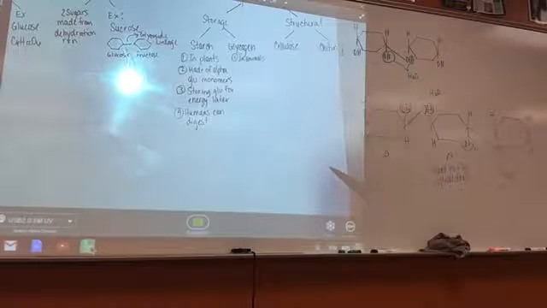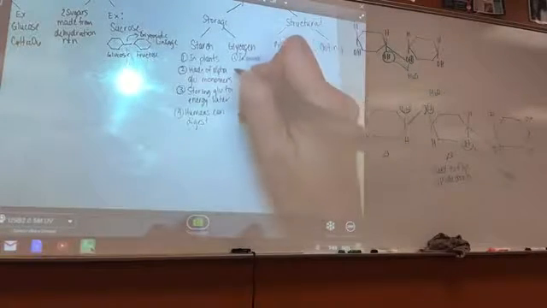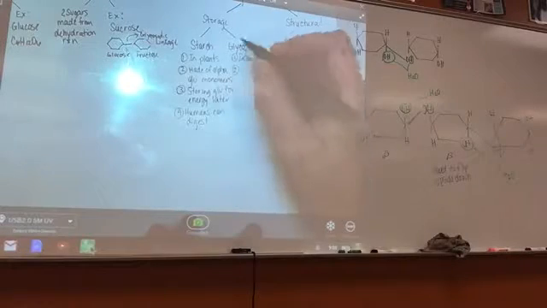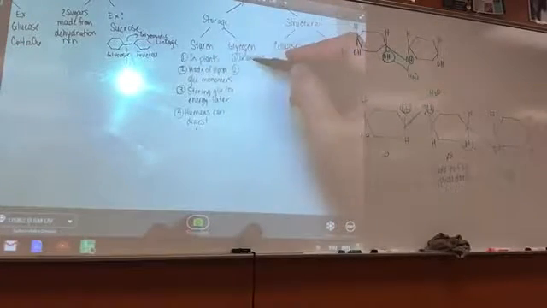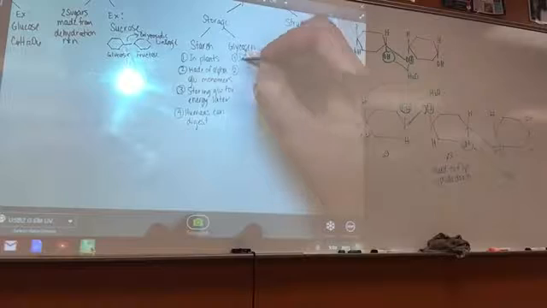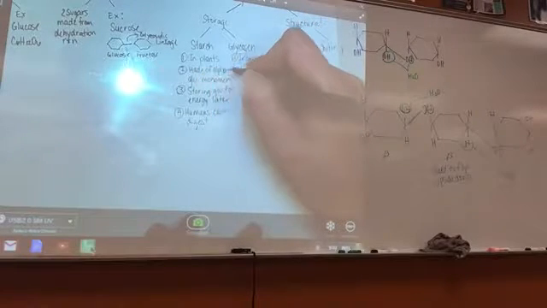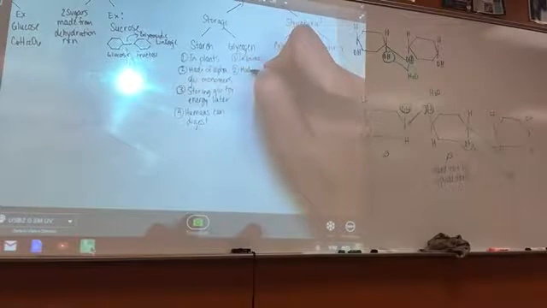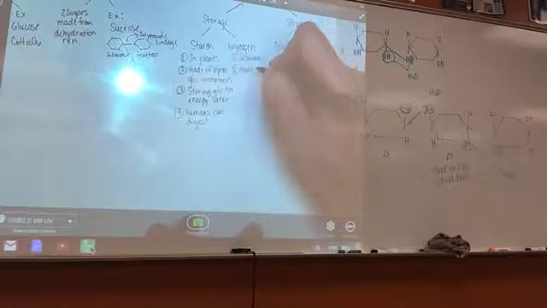Anything else about glycogen? I'm going to write here that structure-wise, comparing starch and glycogen, glycogen is also, we didn't really discuss this, but it's also made of the same alpha glucose molecules.